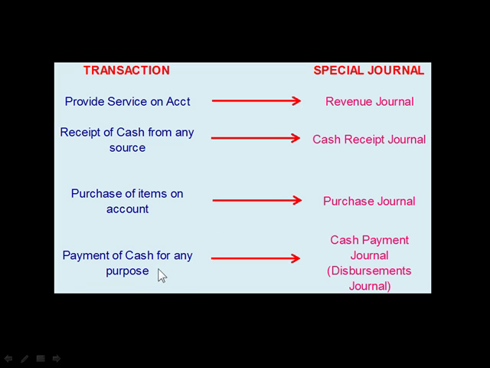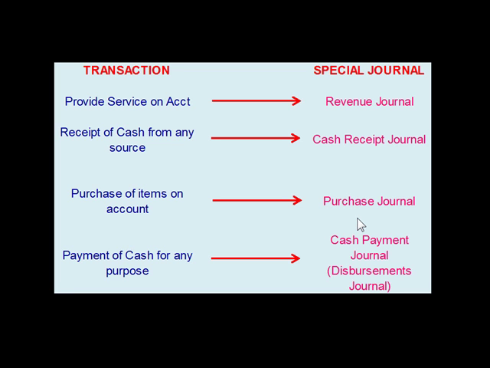And any payment of cash for any purpose will be housed in your cash payment journal, or your disbursements journal. So your ledgers are holding balances and detail related to accounts receivable and accounts payable. Your special journals are keeping track of similar types of transactions.